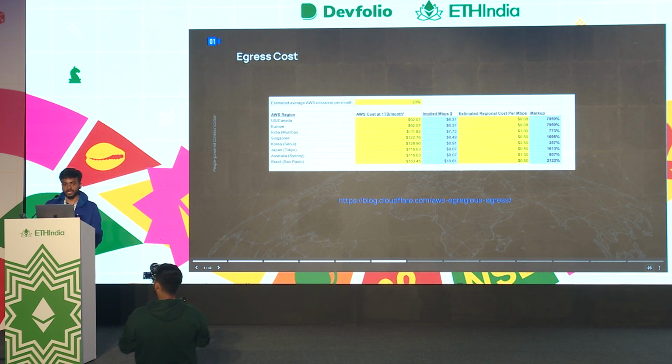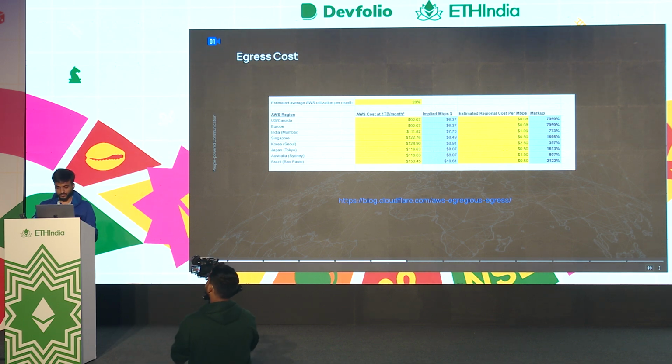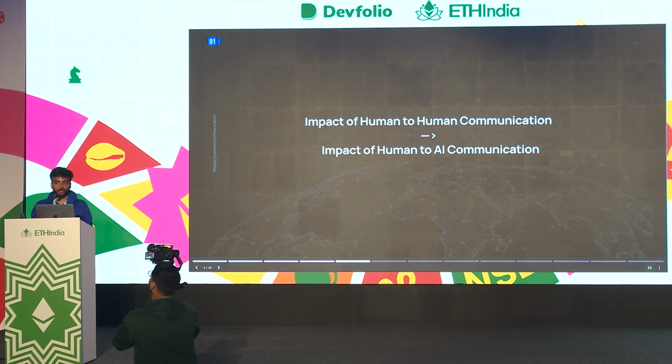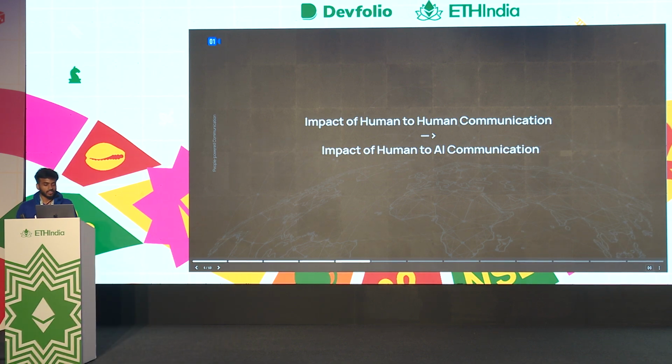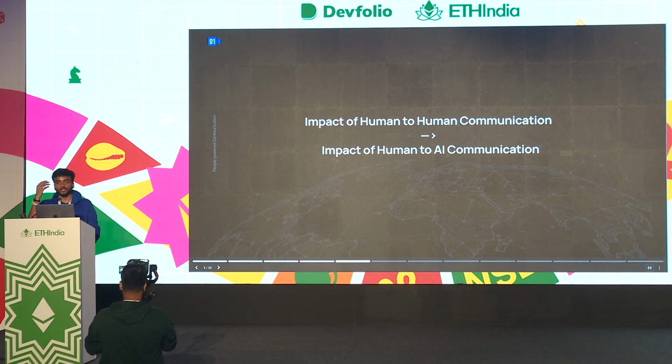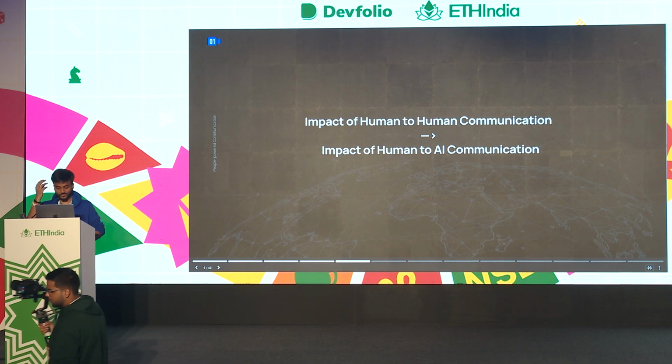How can we be better and be cheaper? We do this because one of our CTOs always says that communication is the building block for literally everything. Globalization changed the whole world, and it was communication between human and human that drove the world closer. Now the impact of human-to-human communication is converting into the impact of human-to-AI communication, and that is what this workshop is all about: how can you build AI agents with RTC?